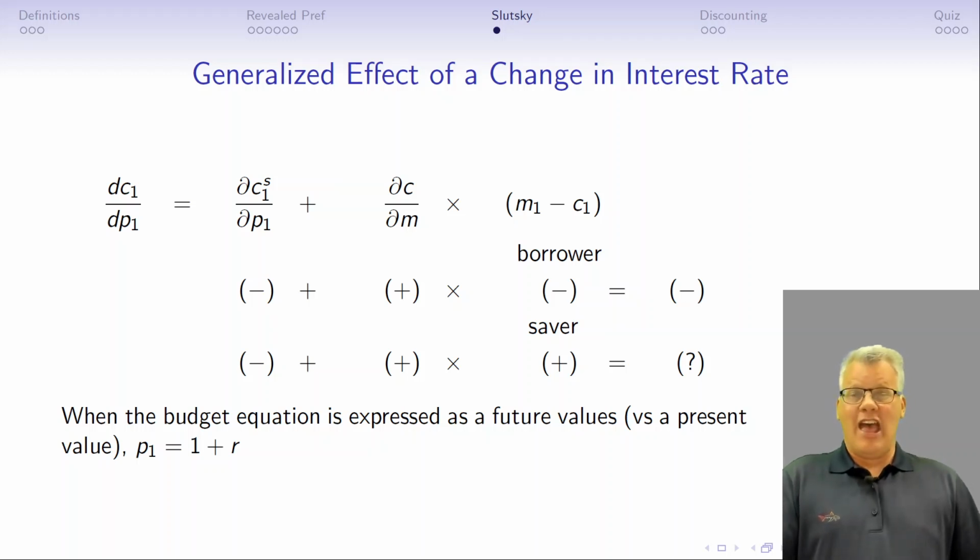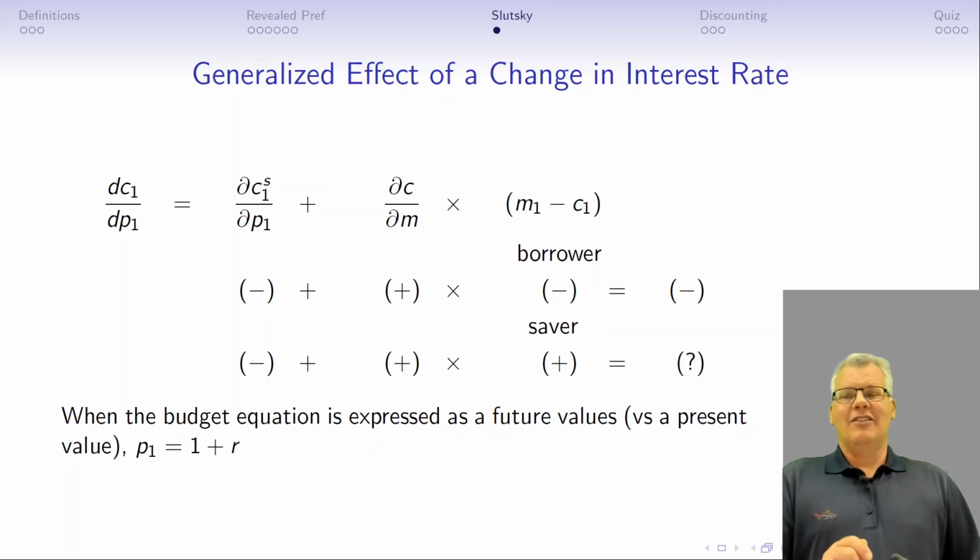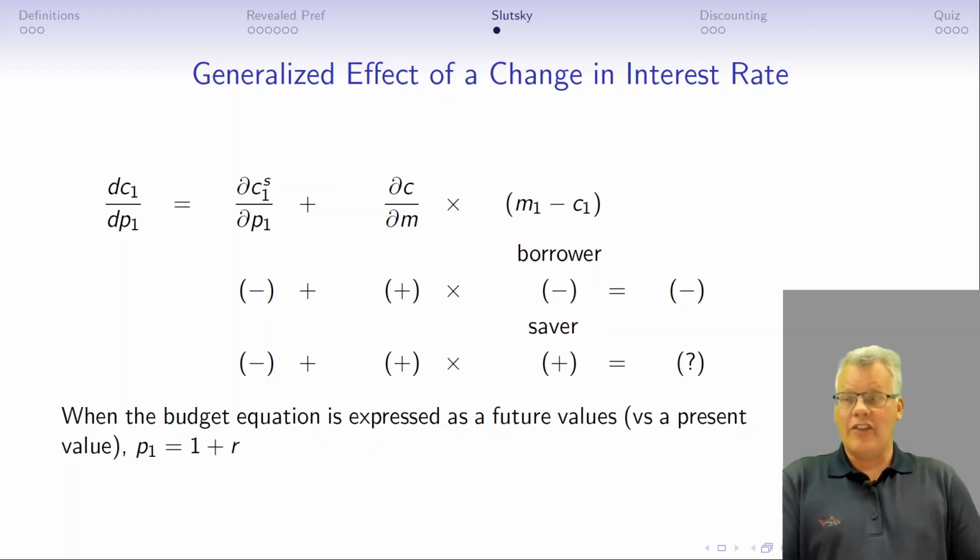We established that in Chapter 8 with the Slutsky equation. So what this is saying is that when the interest rate rises, the consumer is going to substitute out of the expensive good, which now is time period 1 consumption, and into the cheaper good, which is time period 2 consumption. So the first term, the substitution effect, is globally negative.